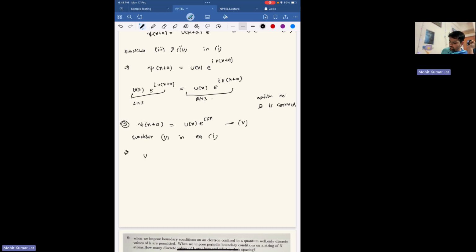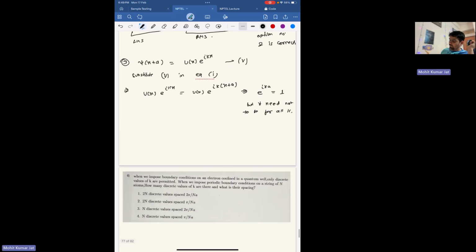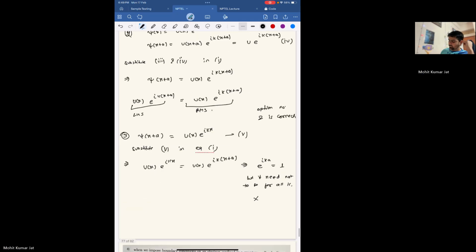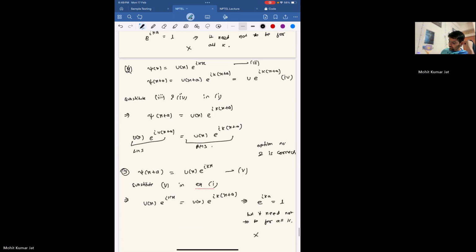This tells me that u of x e to the power i k x equals u of x e to the power i k times x plus a. This gives me e to the power i k a equals 1, but it need not be for all k. This is also not correct. This means option number 3 is also not correct.